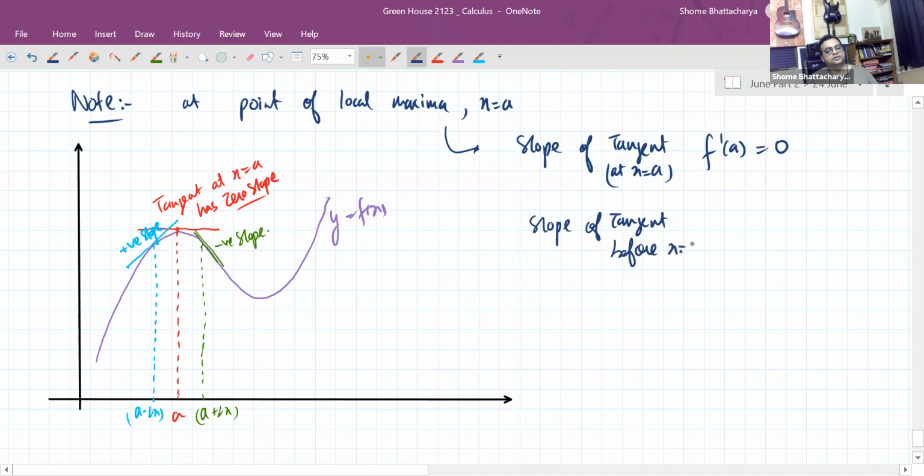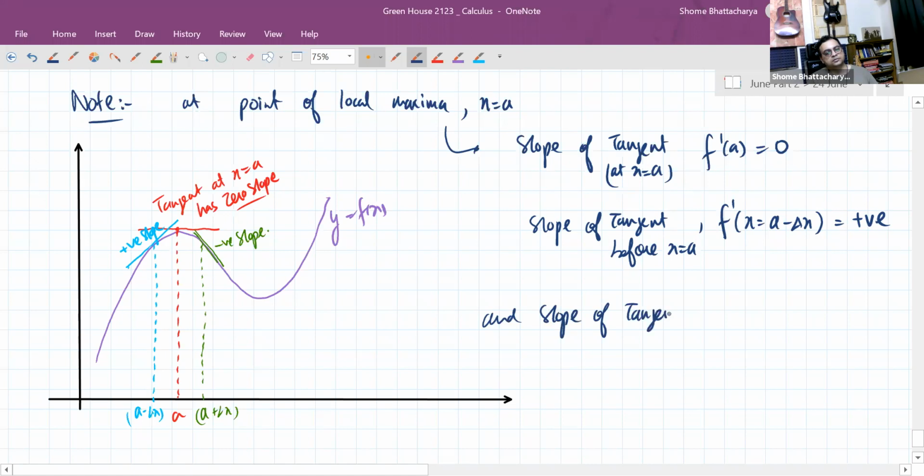But the slope of tangent before x equal to A will be positive, and the slope of tangent after x equal to A will become negative.